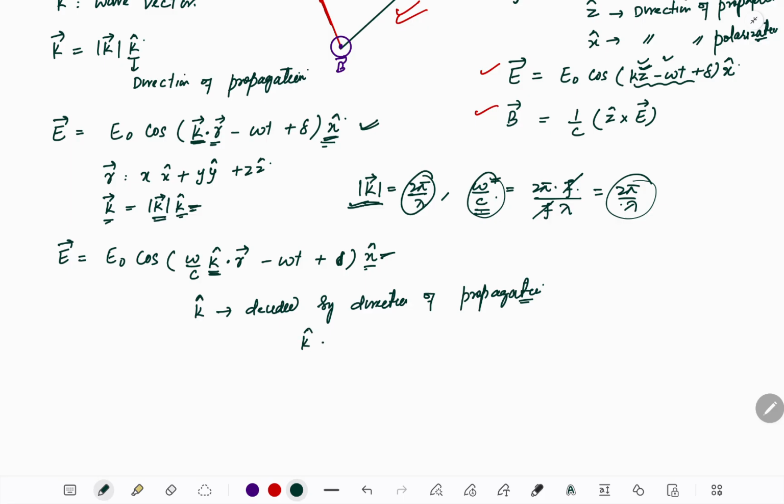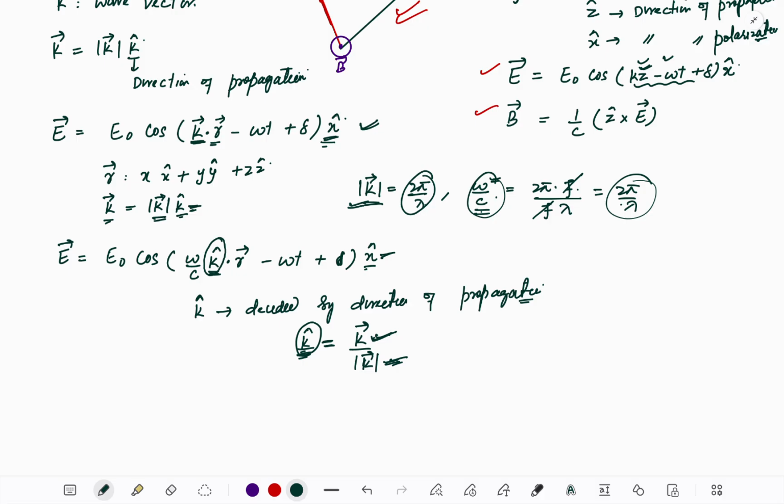K cap is the vector divided by its magnitude. This is the general formula: a unit vector is the given vector divided by the magnitude. We don't know the k vector directly, but k cap can be easily found from the direction.